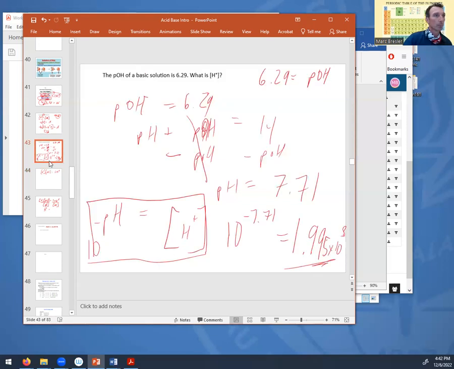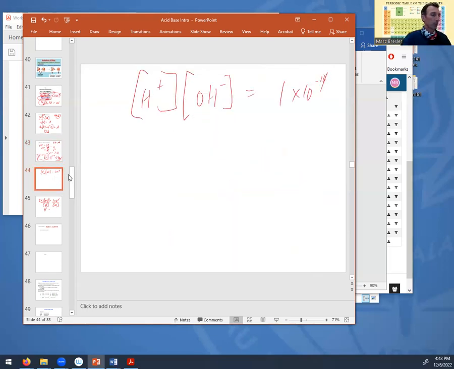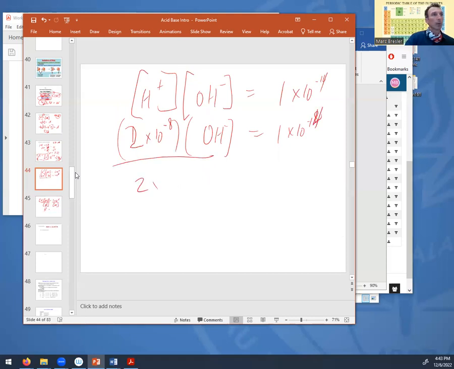We found our H plus concentration to be essentially 2 times 10 to the minus 8. So if you divide this by 2 times 10 to the minus 8, you get the OH.